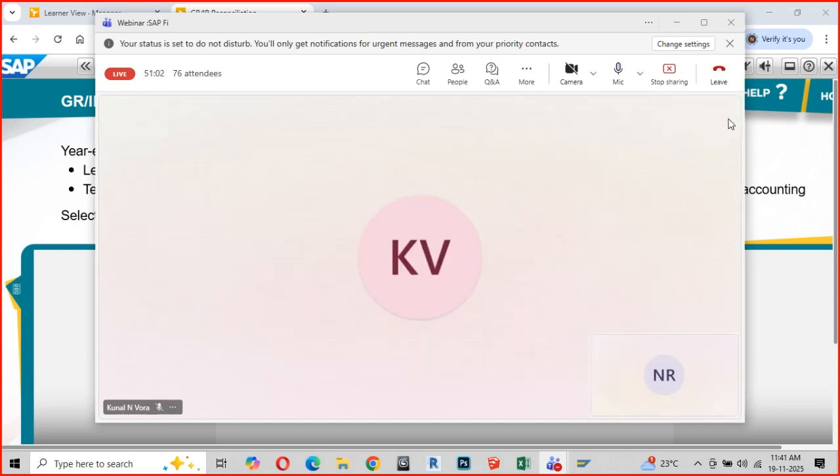Now let me assume today I am generating on the 19th, or maybe say for calculation purposes, the 20th of November. I am sending out the first reminder. And as per the settings, the next dunning reminder can be sent only after the expiry of 14 days.